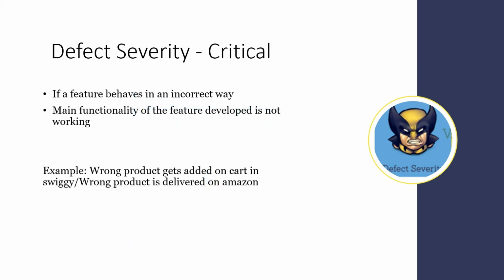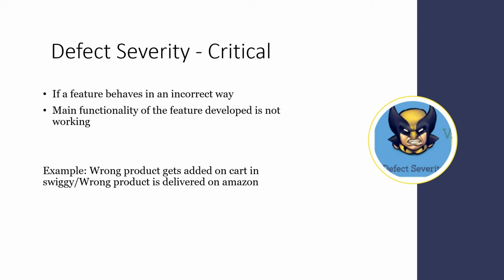So now critical. If a feature behaves in an incorrect way, actually I'm able to work on the feature, but it is working in an incorrect way. See, in your Swiggy itself, now you are trying to order a food. You have selected a proper location and you have placed an order, but you see the delivery location is getting changed after placing order. So that is critical, right?